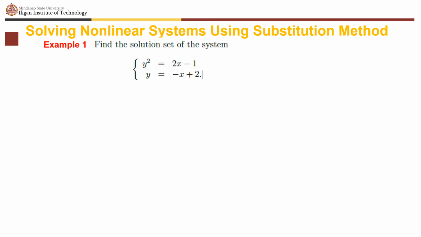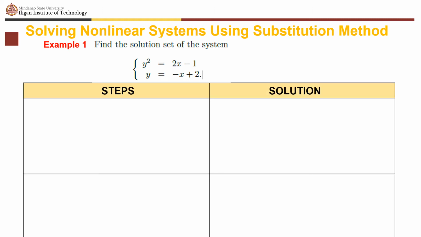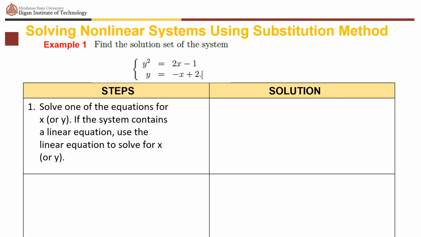Now, in solving nonlinear systems using substitution method, we have here the first example. You're asked to find the solution set of the system y squared equals 2x minus 1 and y equals negative x plus 2. Here are the steps. Again, the first step is to solve one of the equations for x or y, and if the system contains a linear equation, use the linear equation.